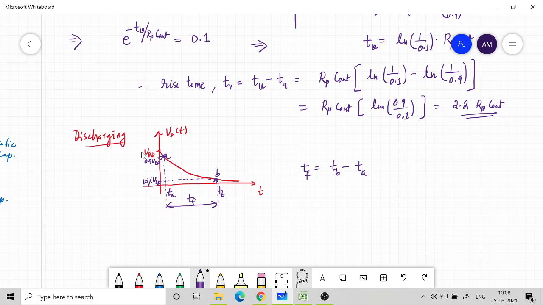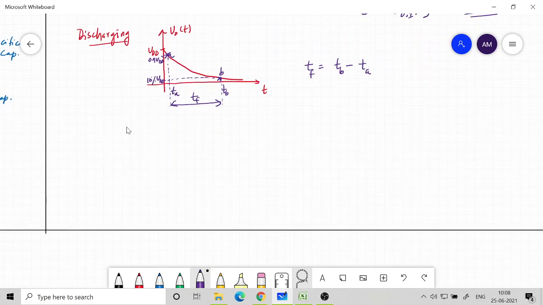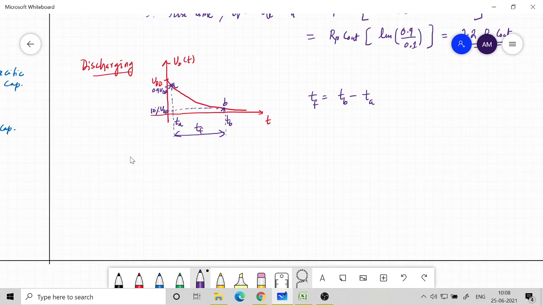Now what is TA and TB? The V out expression is given as VDD, the initial voltage, into e raised to minus T by Rn C out. Capacitance is the same, but resistance is now different. So if the rise time and fall time have to be equal, you should take the same resistance value for PMOS and NMOS.